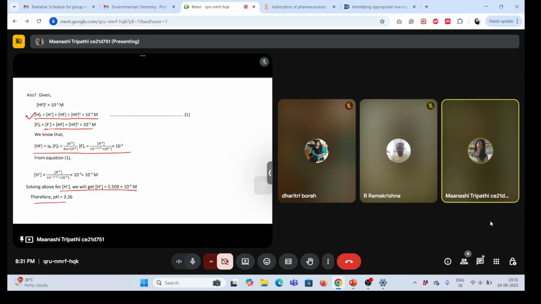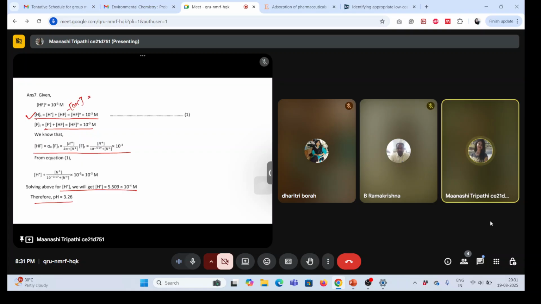Even if we put minus OH here, the answer will only slightly change. Instead of 3.26, there will be like 3.3 or something. So you can put minus OH here also. In this solution, it is not there.